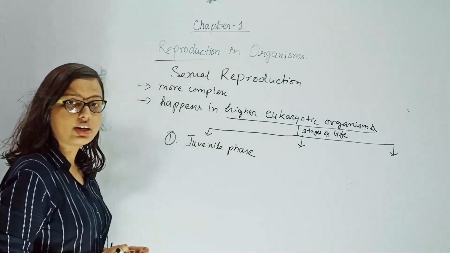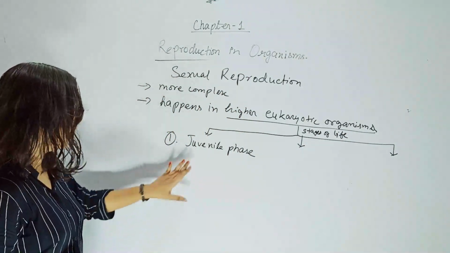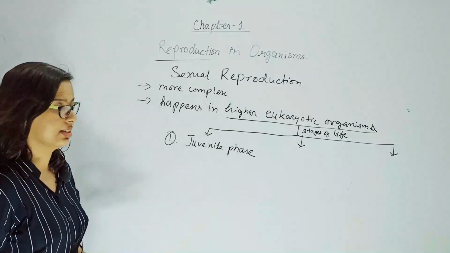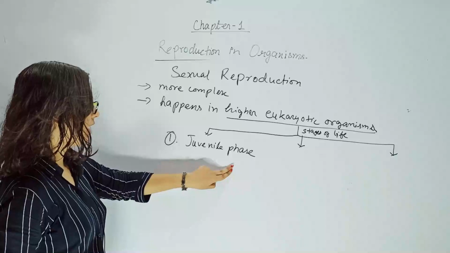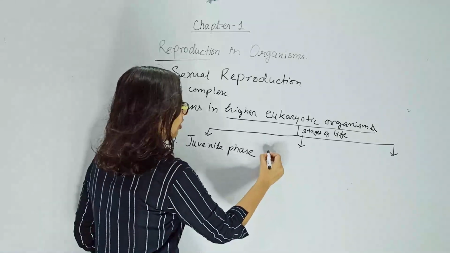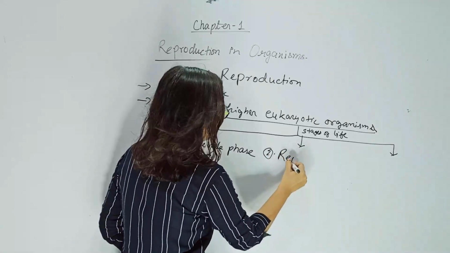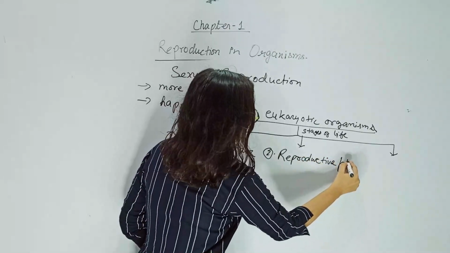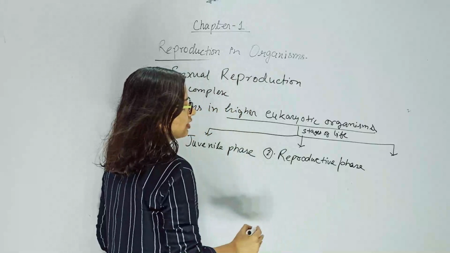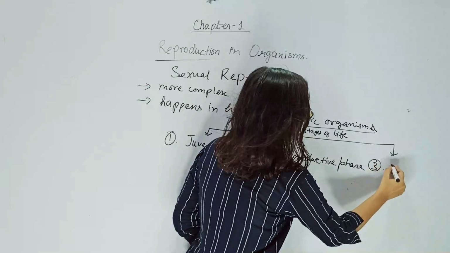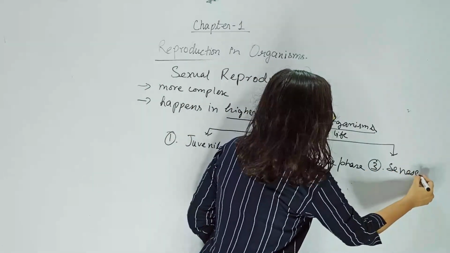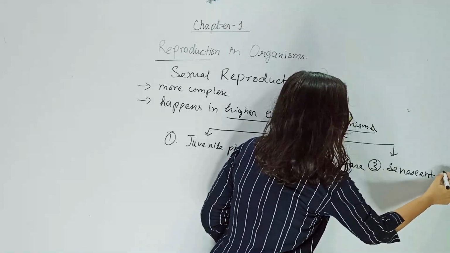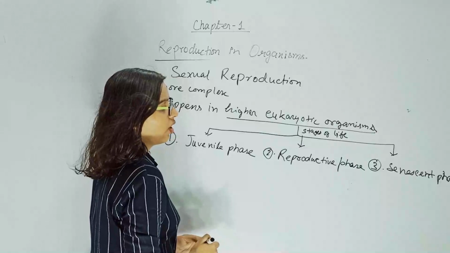You have understood what is lifespan. So in that lifespan, we are going to see three different phases. First phase is juvenile phase. Second phase is the reproductive phase. Third phase is the senescence. Senescent phase, you can say, or the old age.